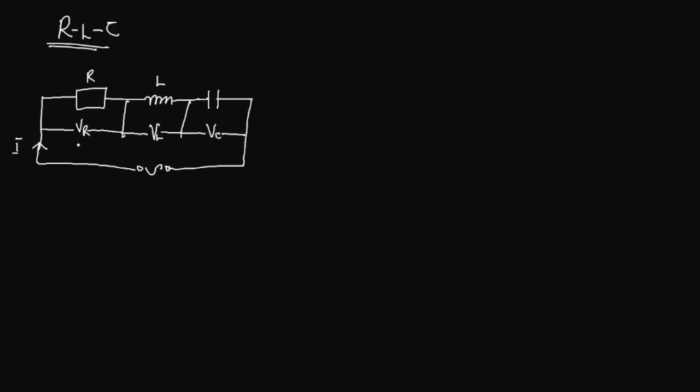Now the overall sum of this VR, VL, and VC gives us what we call the applied voltage of the circuit, which is V over here, and that is the phasor sum of our resistive voltage, our inductive voltage, and our capacitive voltage.